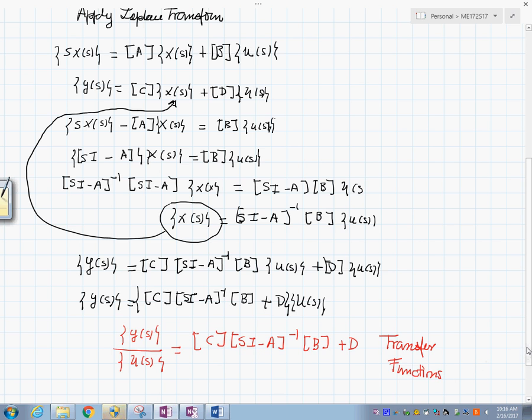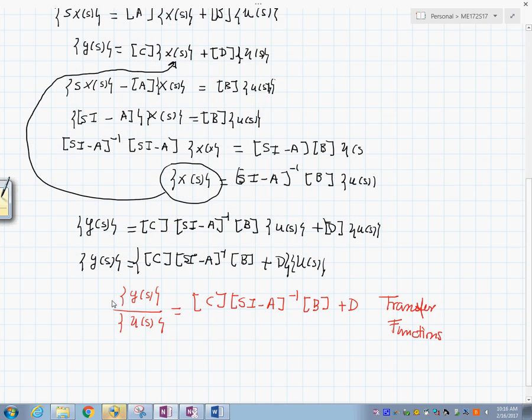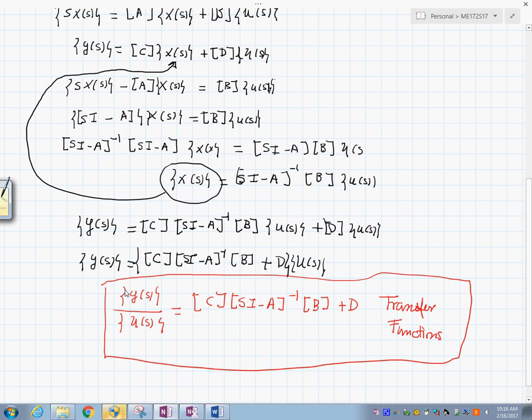So this is an important little demonstration that we should always keep in mind, that knowing the state space form, by multiplying the matrices this way, we can obtain the transfer function.